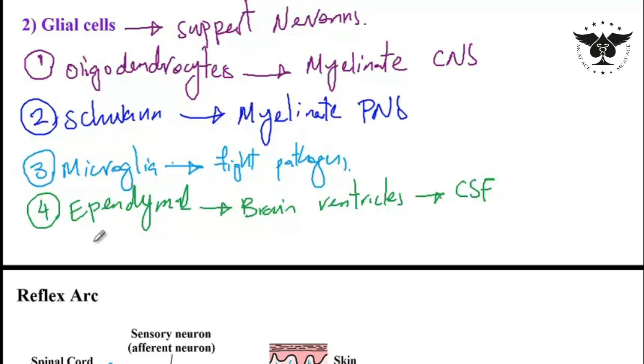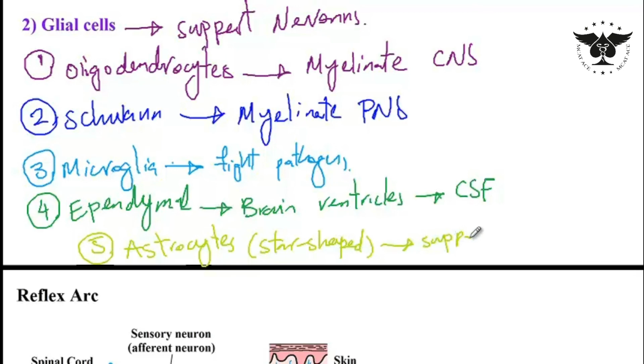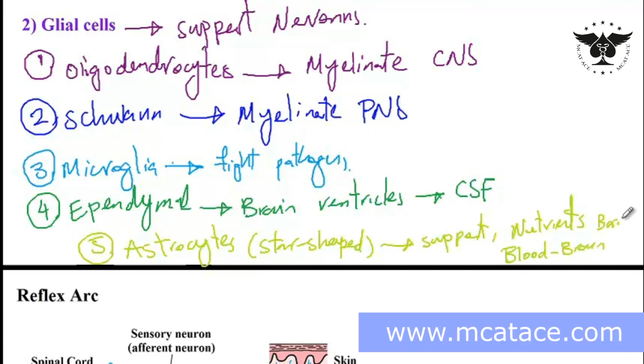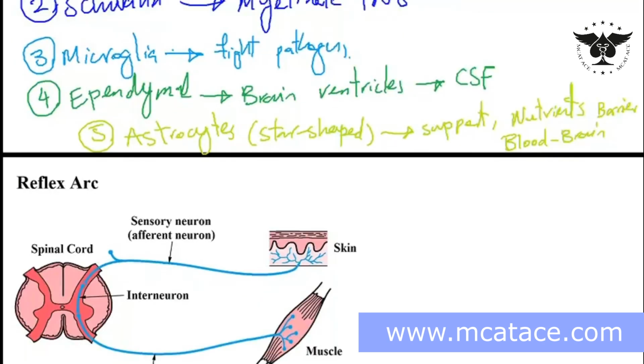And the last type of glial cells are astrocytes, which are basically star-shaped glial cells that provide physical support as well as nutrients to the nerve cells, and it also forms the blood-brain barrier in order to control transfer of molecules from the blood into the brain. Next, we are going to discuss the reflex arc.